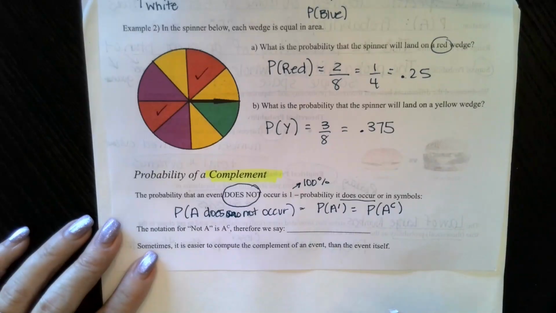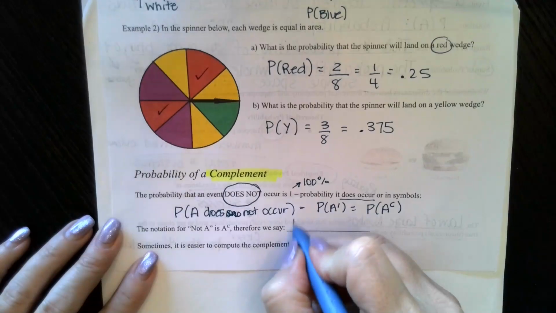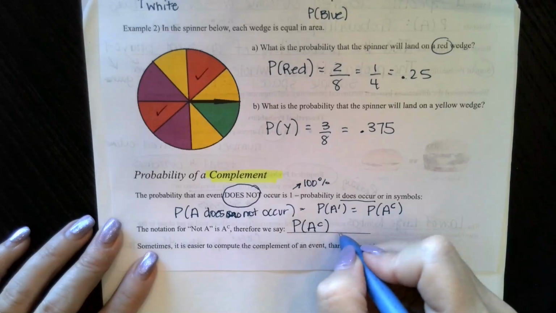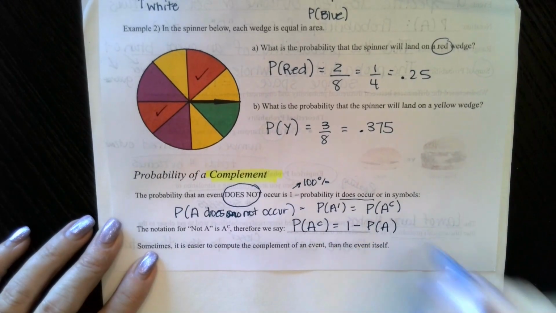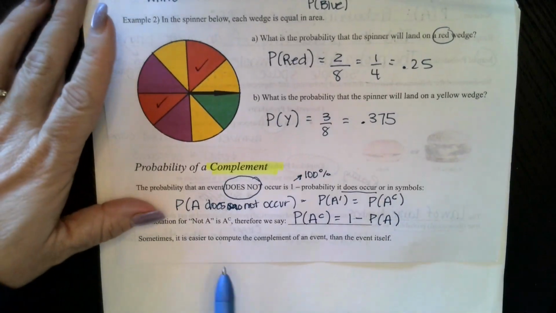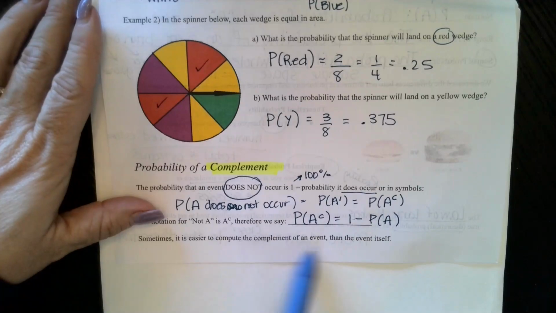The way we would write this is the probability that A does not occur would be 1 minus the probability that A does occur. And the reason why we have this is because sometimes it's easy to compute the complement of an event rather than the event itself.